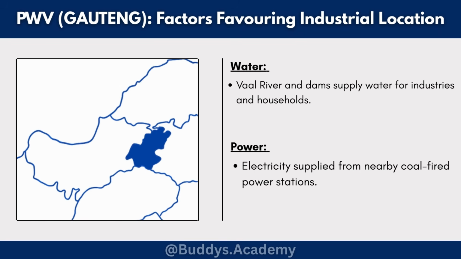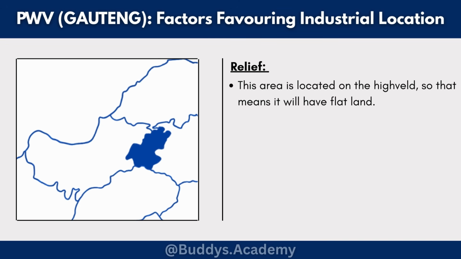So that means that electricity is going to be relatively cheap because your power is going to be transmitted over your short distances. In terms of relief, remember, when we're talking about relief, we're talking about the slope. So this area is going to be located on the Highveld. Now that means that it's going to have your flatland. Now your flatland is going to make building and the expansion of industries much easier.